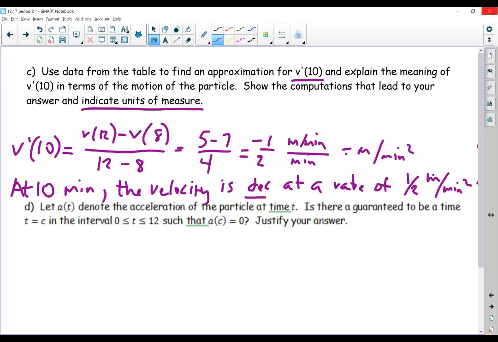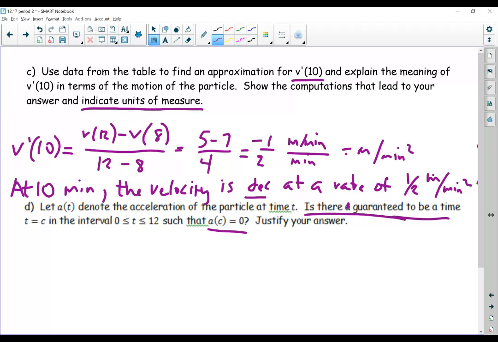Okay, let A of t denote the acceleration of the particle. Is there guaranteed to be a time t equals c such that A of c is 0? Okay, is there a time? That is a theorem question. Now, which theorem are we using? That's what you have to figure out.